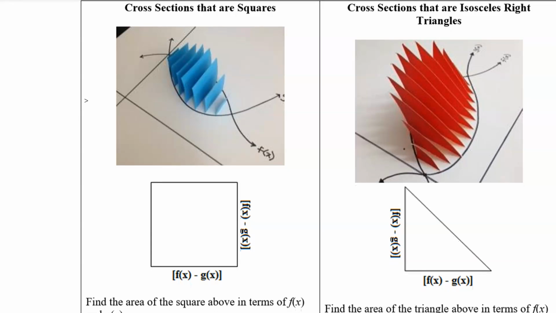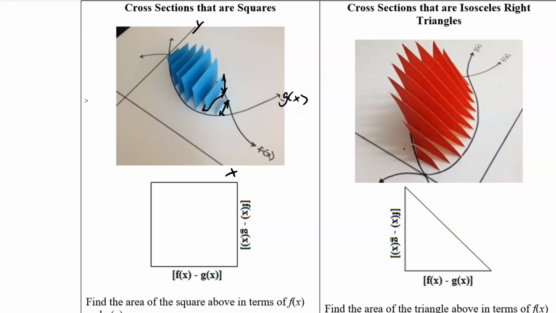So we know that squares have equal sides, right? So if we create cross sections that are squares, the distance between the curves here is going to be one side of our square, and the height of that square cross section is going to be the same as that distance, right?